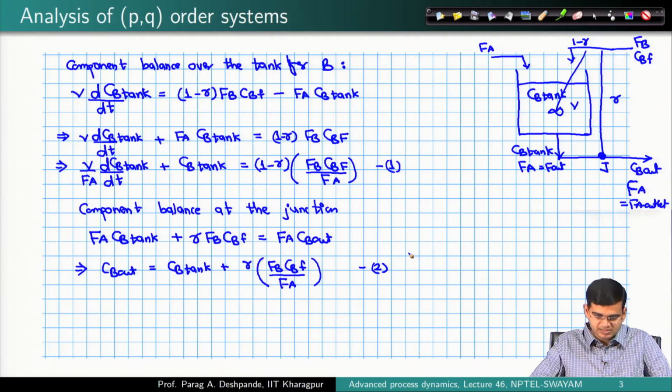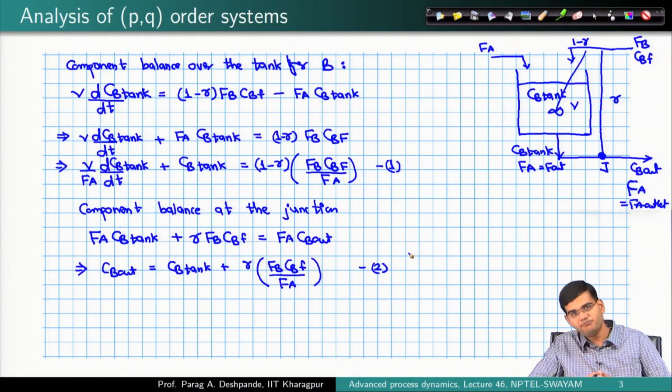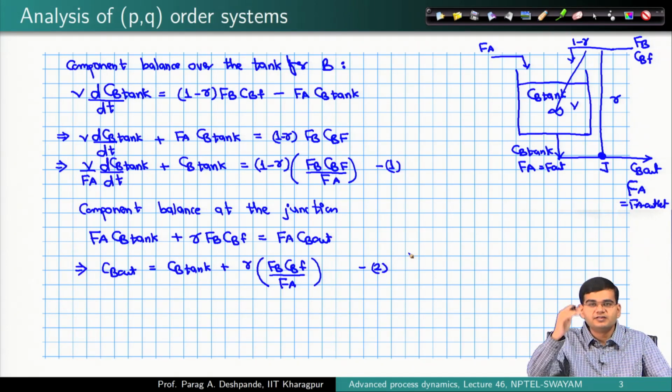So, let me try to understand what equations 1 and 2 give me. Equation 1 is a dynamical equation. It gives me how the concentration of B inside the tank changes as I change the volume, as I change the flow rates, as I change the feed concentration of B in the stream B, and also the ratio or the fraction which goes to the tank and the one which goes to the bypass.